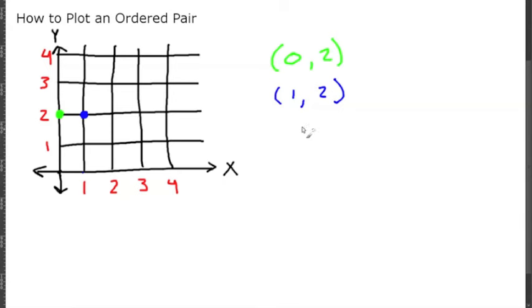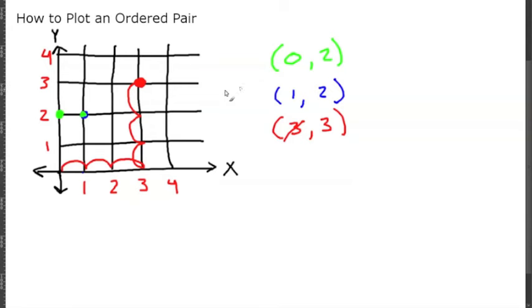Let's do another practice. Let's do 3, 3. Starting at your origin, you have to move 3 over. So we're going to go 1, 2, 3 in the x direction. So our x is done, but now we have to move 3 up. So we're going to go 1, 2, 3 up. And there is our point 3, 3.